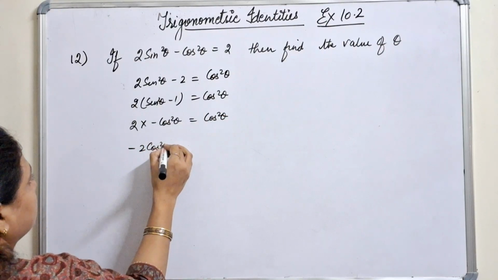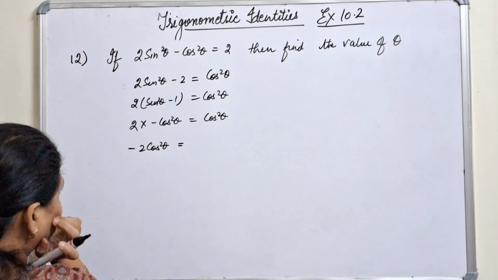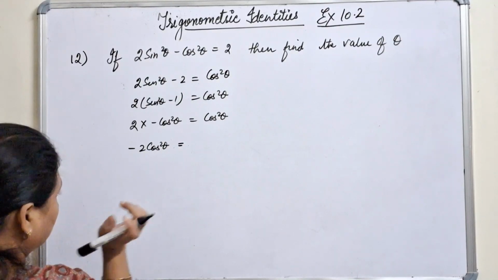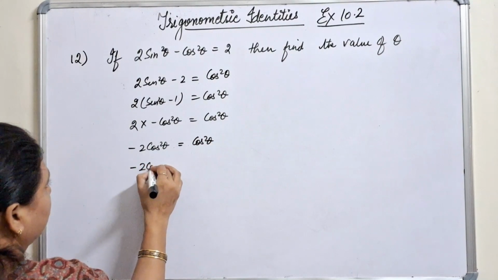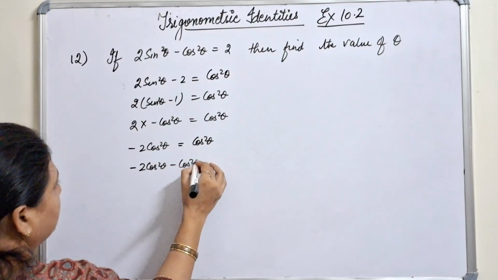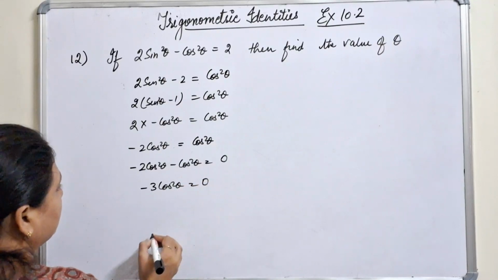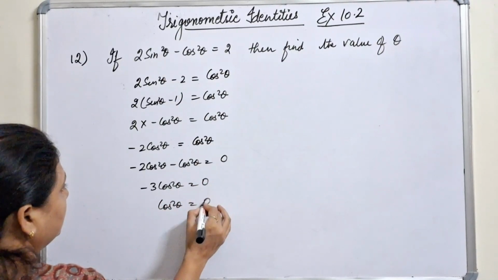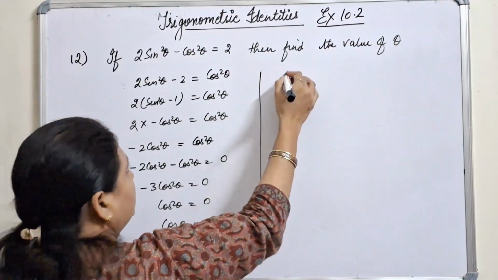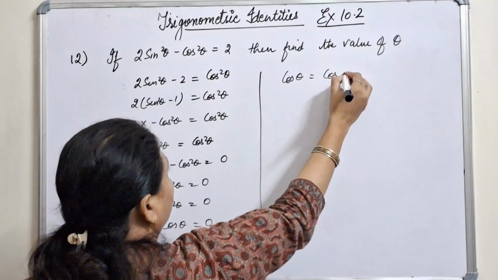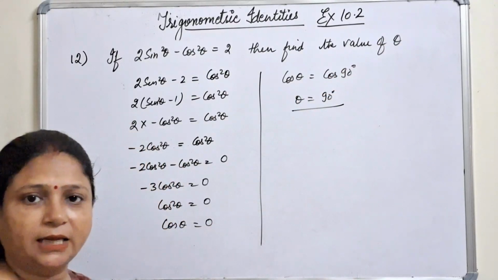So minus 2 cos square theta is equal to cos square theta. So minus 2 cos square theta minus cos square theta is equal to 0. So minus 3 cos square theta is equal to 0. So cos square theta is equal to 0 or cos theta is equal to 0. When is cos theta equal to 0? Cos theta is 0 at 90 degrees. So by comparing, theta is equal to 90 degrees.